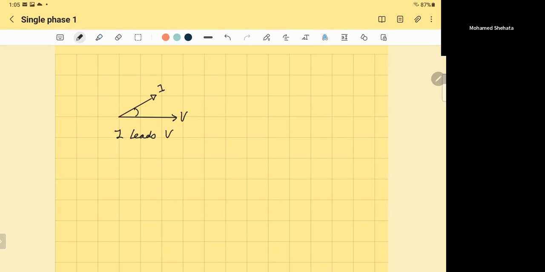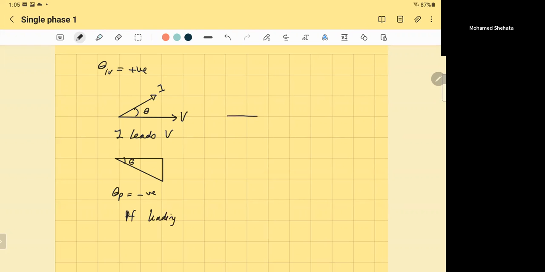If you do the power triangle, you'll find that the power triangle is like that, and the angle is negative. So there's a difference between the angle of the current and the voltage. The angle between the current and the voltage is positive here. It means leading. But this is the angle of the power triangle. So if the power triangle angle is negative, it's leading. So this power factor is leading.